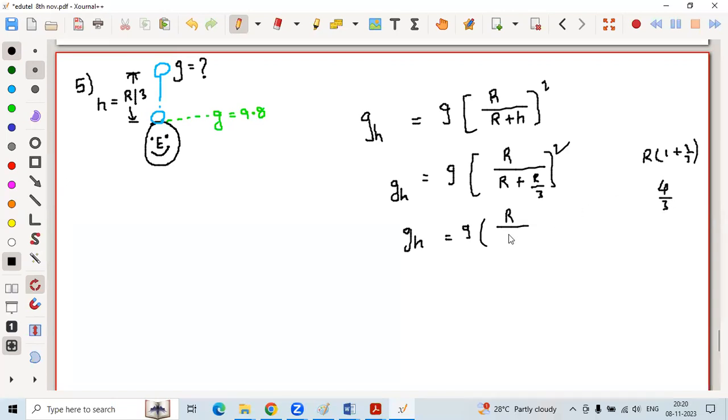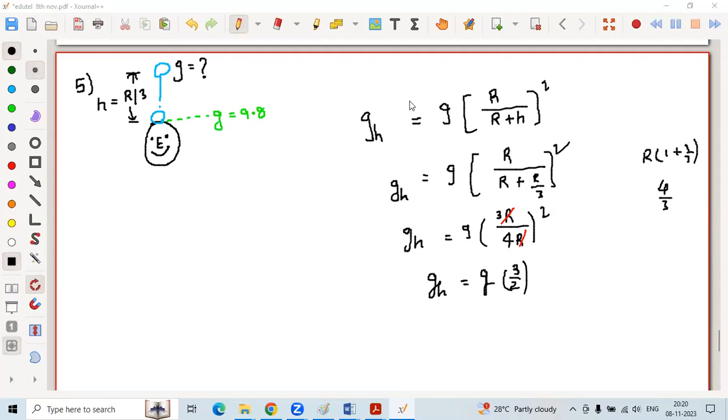So it becomes 4R by 3, whole square. R gets cancelled. If I cancel R and R, I'll get the answer as G at H is equal to G on surface into 9 by 16.